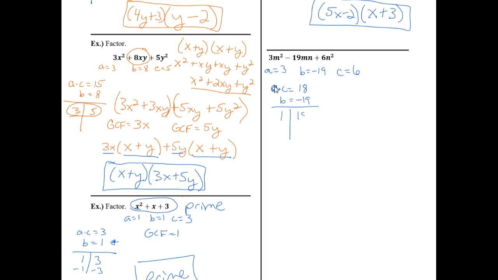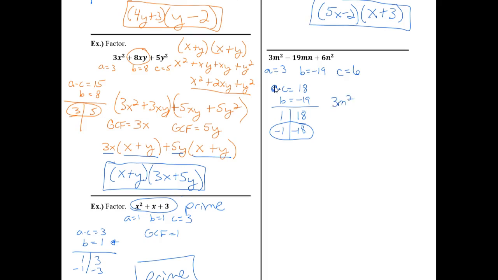Well, right away I'm thinking 1 and 18, but it can't both be positive because I need them to add to a negative. So if I put a negative with both, that would multiply to a positive 18 and add to a negative 19. So those are the factors I'm choosing, but since my front coefficient was not 1, I have to break it up.